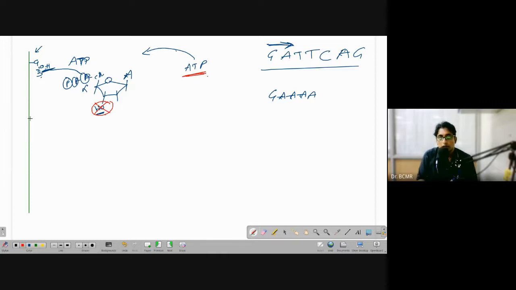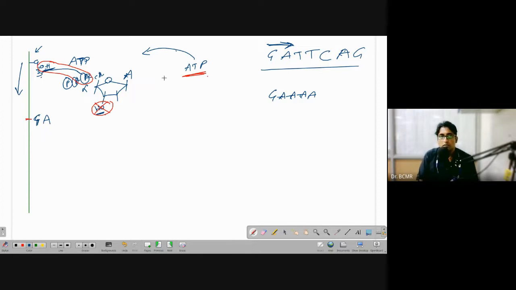So now there is only one reaction that can happen, that is between G, the 3' OH, and this phosphate only. So all the G's that are present here, say for example, the same one is what is happening to it. G is now linked with A, like that.